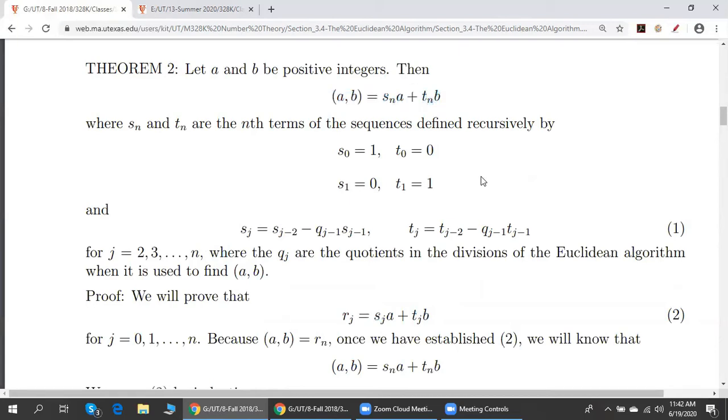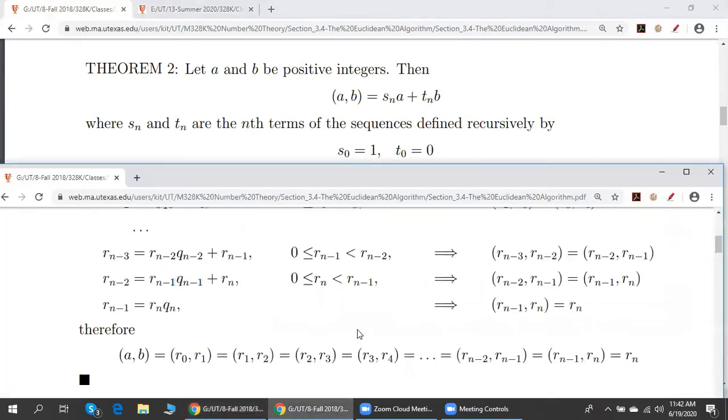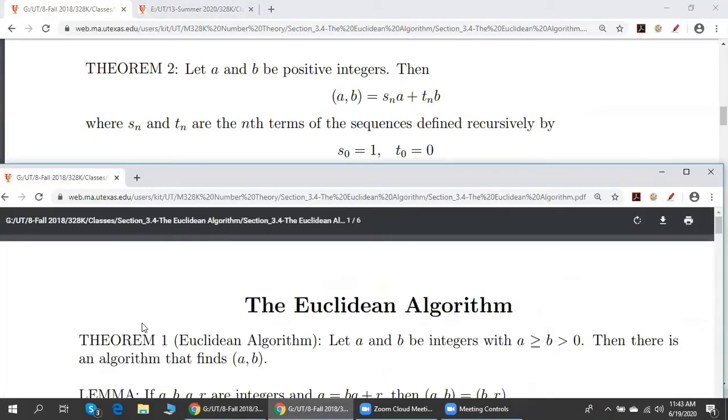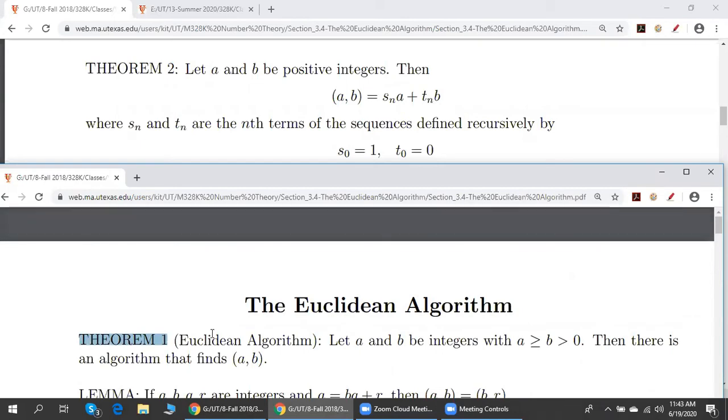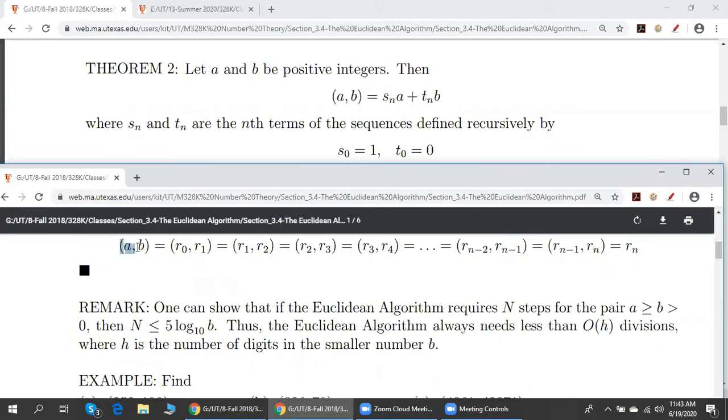Here is why. Let us go back to the Euclidean algorithm. According to the Euclidean algorithm, Theorem 1, the greatest common divisor of A and B is equal to Rn.